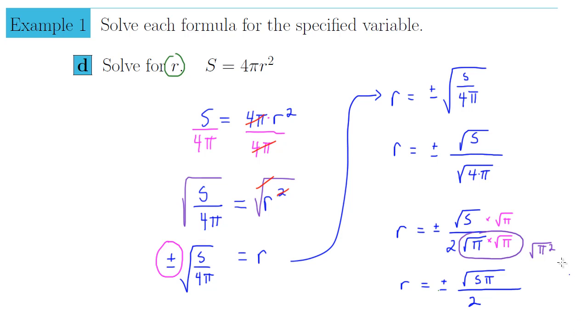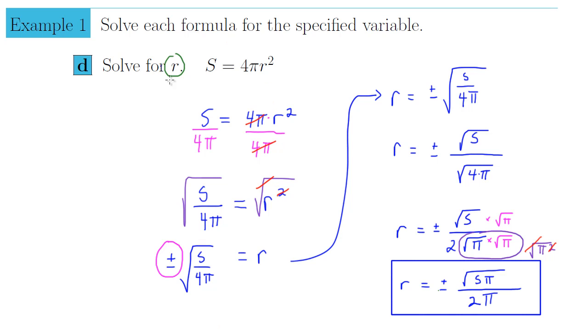And then we know that when you square root a square, you can cancel them out, and we're just left with pi. So I'm going to put pi on the bottom. So that's my solution for r. It's equal to plus or minus the square root of s pi divided by 2 pi.